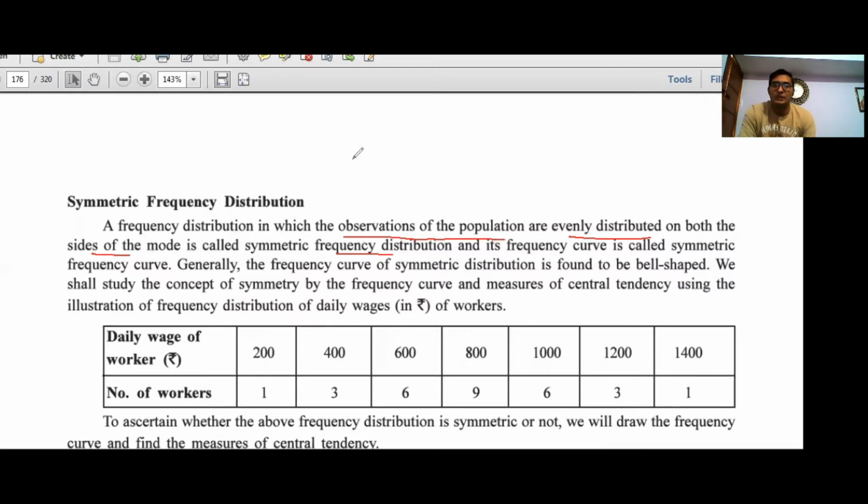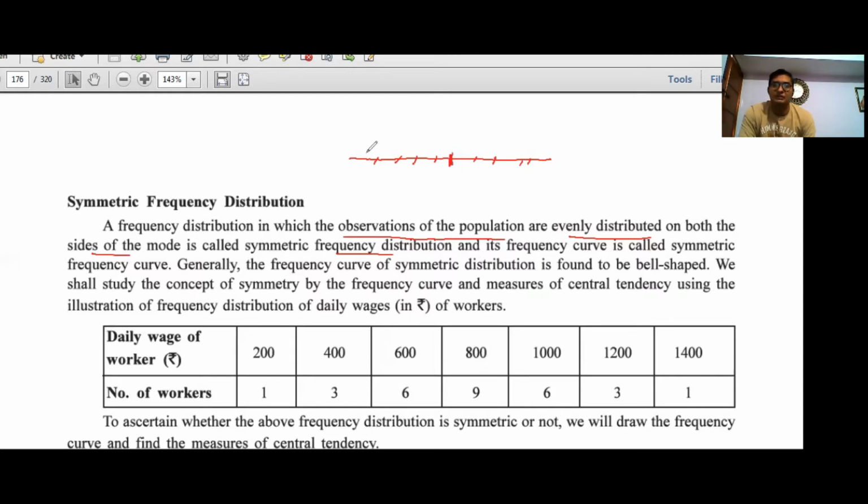Means all the observations or frequencies are distributed on both sides. Here, if it is zero, then some observations of the population are on the negative side, some on the positive side. So we can call it evenly distributed on both sides. Okay, it is the neutral point.